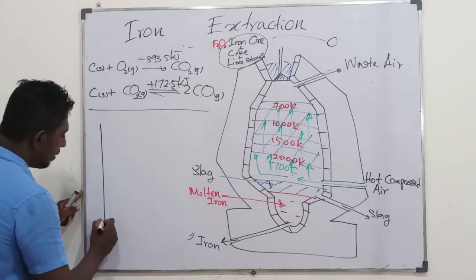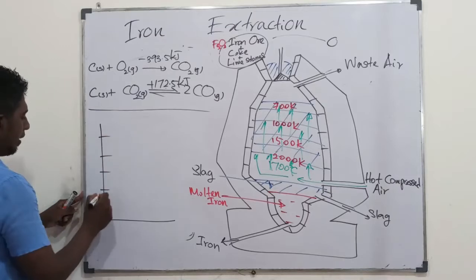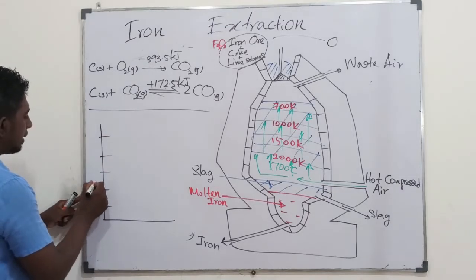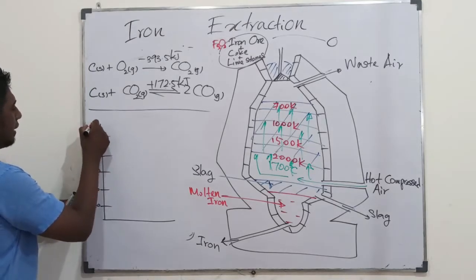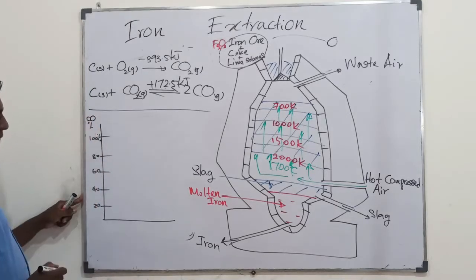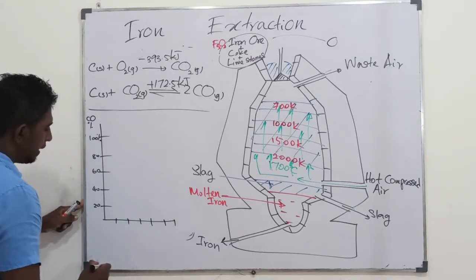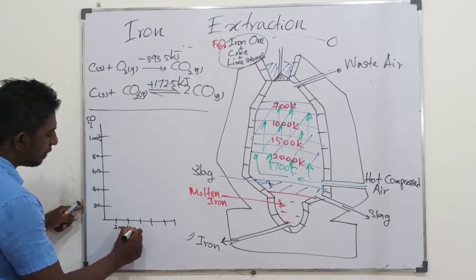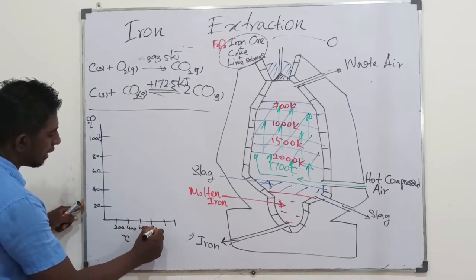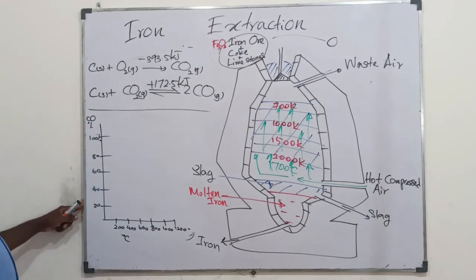Students, let's draw it as here: it's the percentage. It is 20%, 40%, 60, 80, 100%. It is the percentage of carbon monoxide. Then here let's use this for temperature. It is in centigrade: 200, 400, 600, 800, 1000, 1200, the temperature.